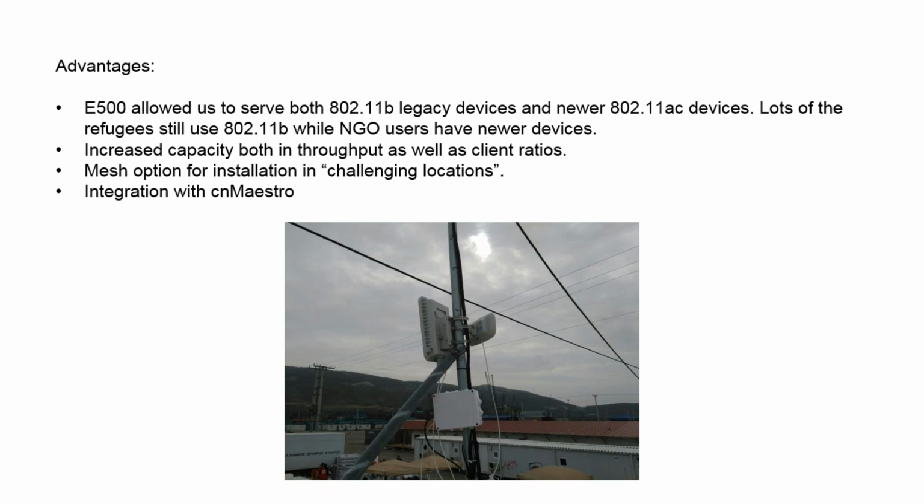We also experienced, in some of the camps where we installed the ePMP 1000s at the start of our deployment, that they are good devices but older models. Those units were topping out at 100 users each, so we had some challenges there. By upgrading those to the E500, we were able to handle many more users per device.